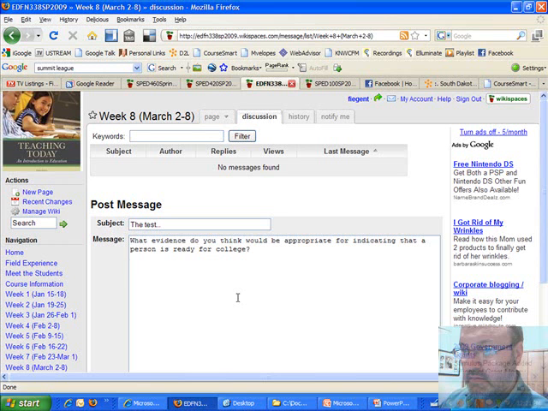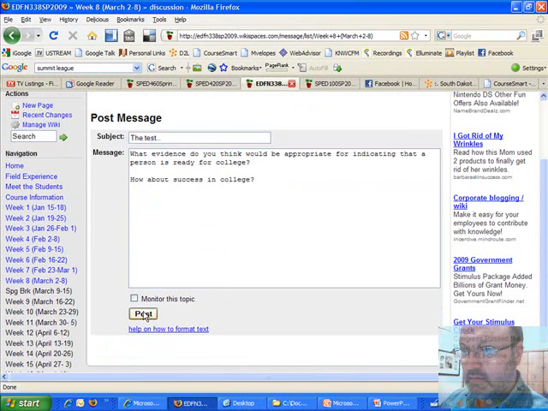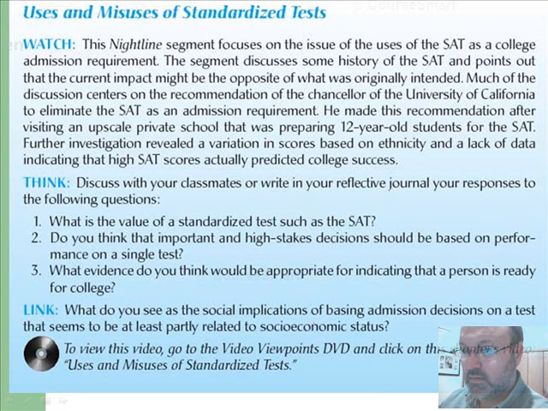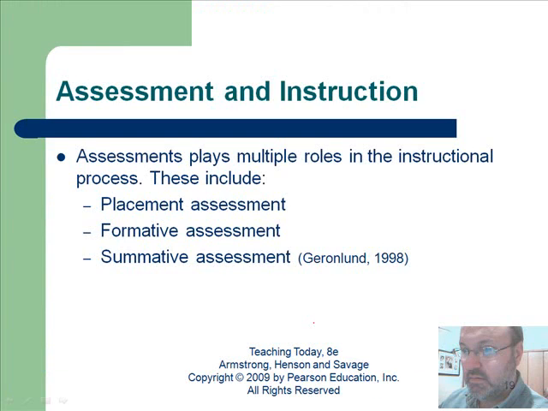And how about success? What would be a good thing that we could demonstrate that they're ready to be successful in college? So there's a discussion question on the board for this week. Okay, it's a very good piece on the test.